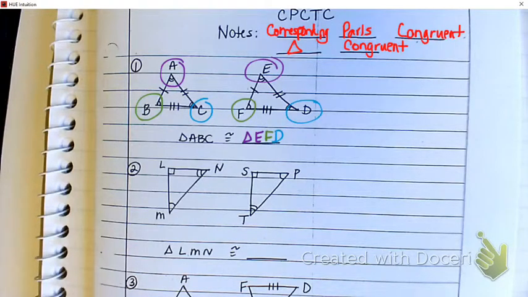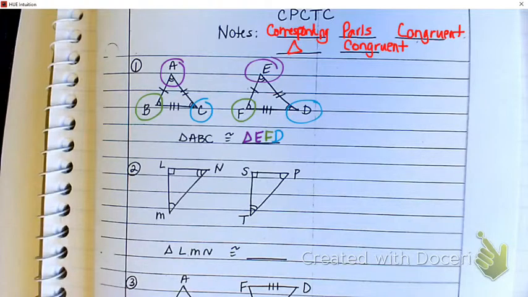I can tell that L and S correspond to each other because they both have the right angle. Okay? Look at N. N has two little curves on it. Does N correspond with P, or does N correspond with T? T. Be careful. It looks like N would go with P, but you have to look at how it's marked.